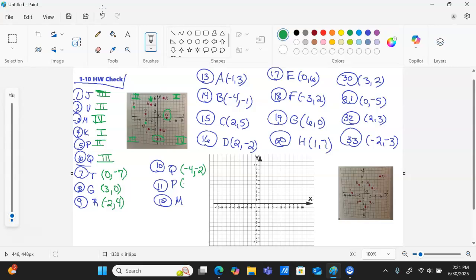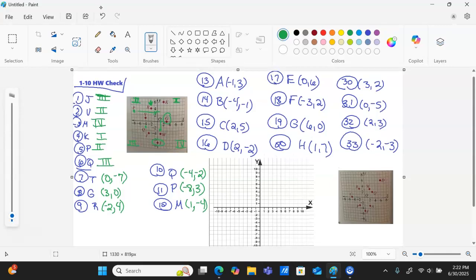It is -8 and +3. You can see here, if you go across, it's in between the 2 and the 4, so that would be 3. And then finally M, which is straight down from here, so that's a 1. And it is down at -4, so 1, -4.